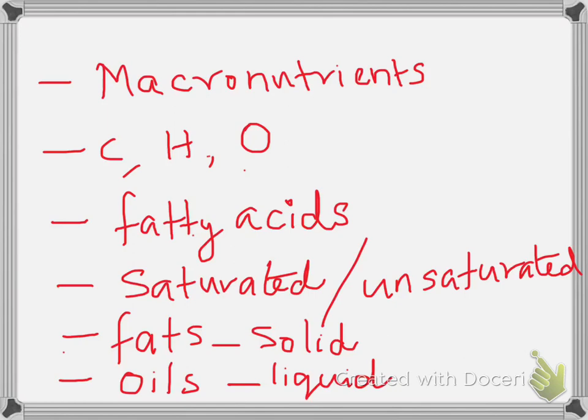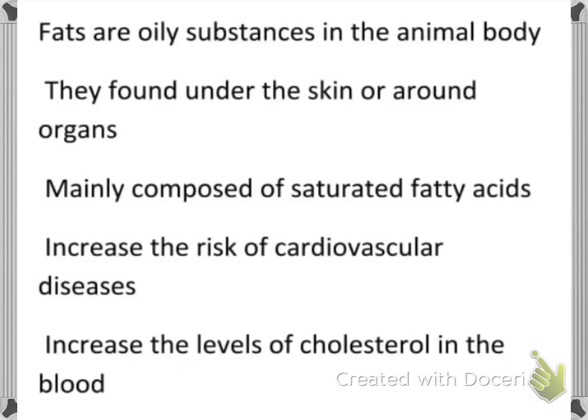Unsaturated fatty acids have one or more double bonds. Fats are mainly saturated fatty acids, solid at room temperature, whereas oils are mainly unsaturated fatty acids, liquid at room temperature. Now, let us see the differences between fats and oils.